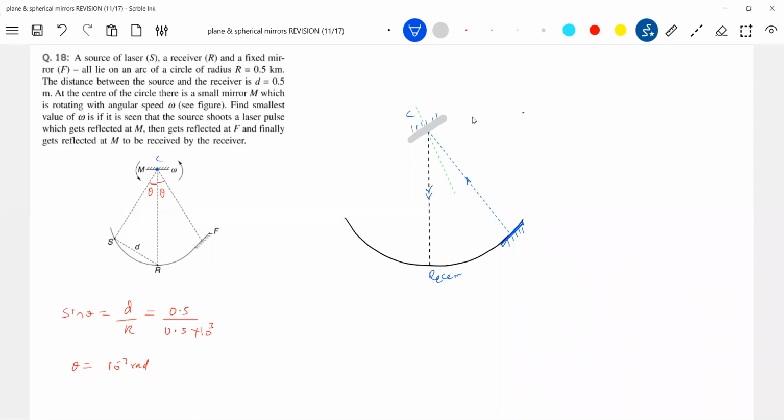Sir, is it a plain mirror or a curved one? Let it be a curved one only, but it will be silvered. Since it is a small surface, it will get reflected normally. So if a ray passes through the center, this will be like a normal, no? Because any ray coming from this.